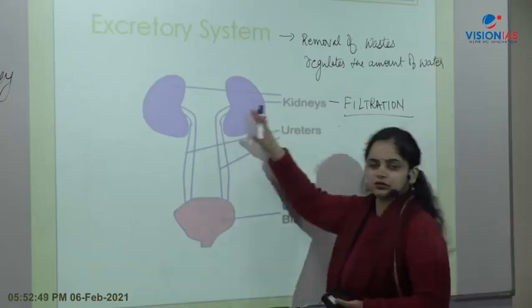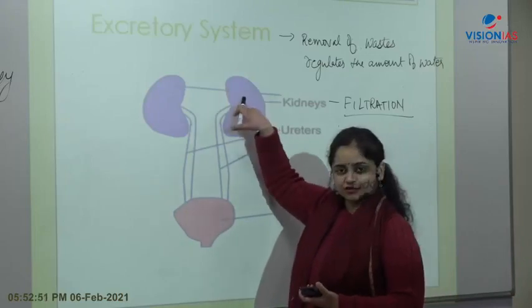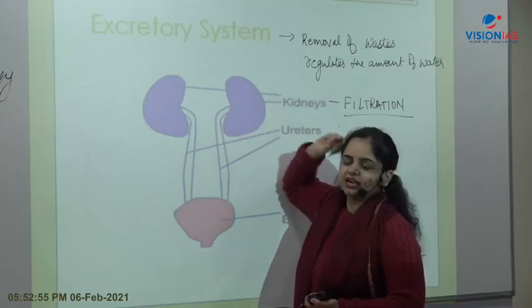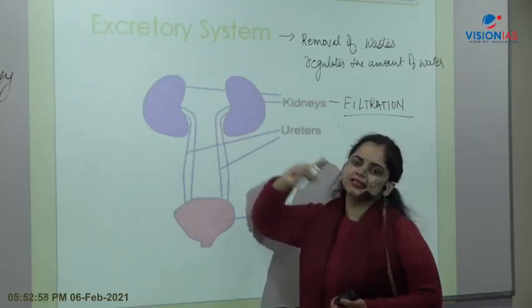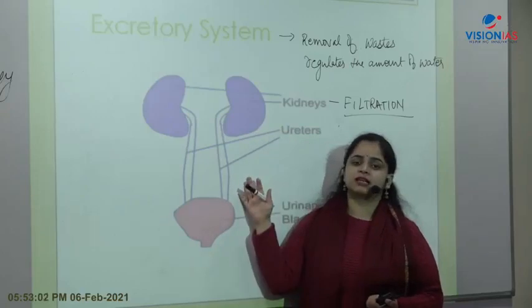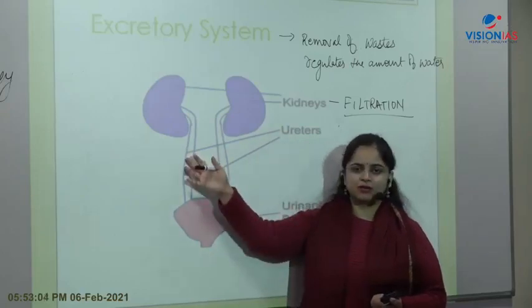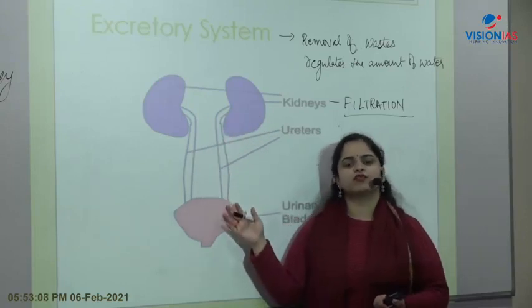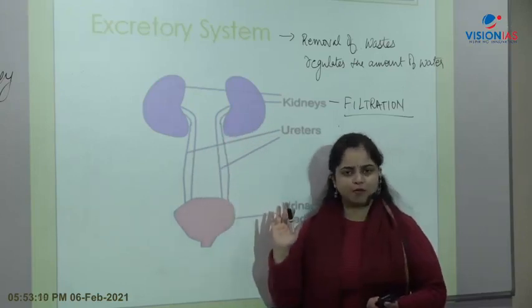So the kidney also does this. Blood passes through the kidney. The kidney goes through the blood and sees if there are any useful products still there in the blood. If those useful products are there, they are sent back into the blood, and the rest of it is removed through the process of urine formation.